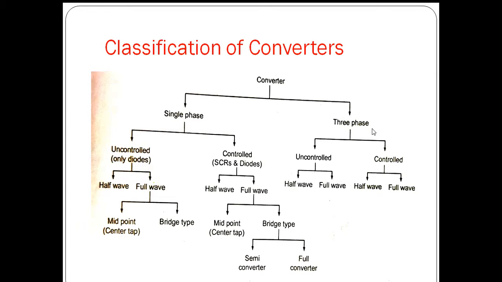One more classification is based on three phase supply: uncontrolled and controlled. Uncontrolled are divided into half wave and full wave. Similarly, controlled are divided into half wave and full wave. We are going to discuss the operation of all these controlled converters in the video lessons in detail. So this is the classification of converters.